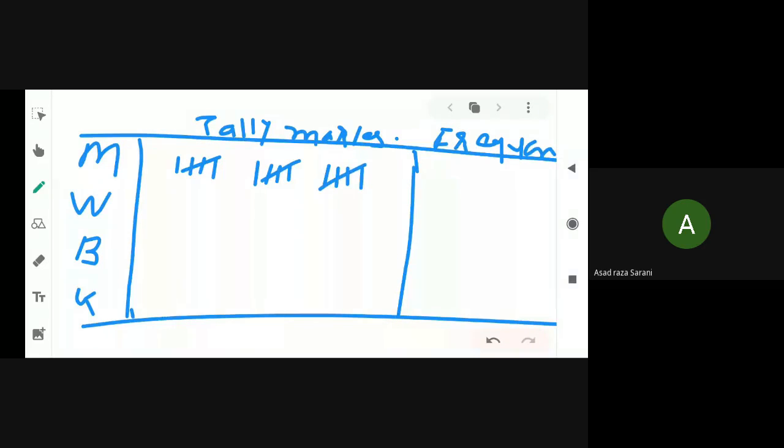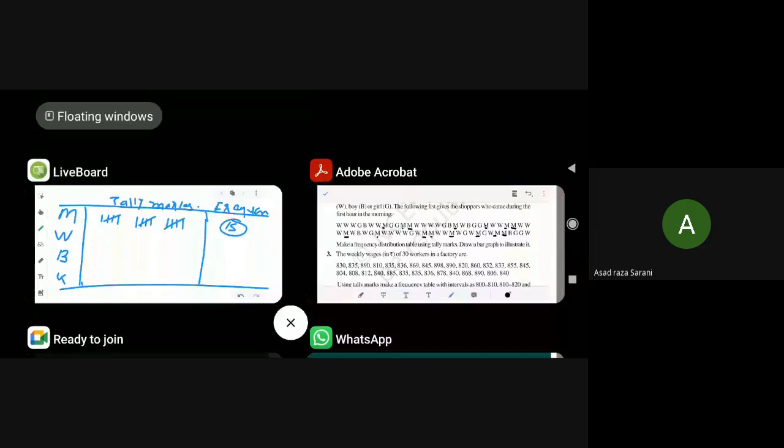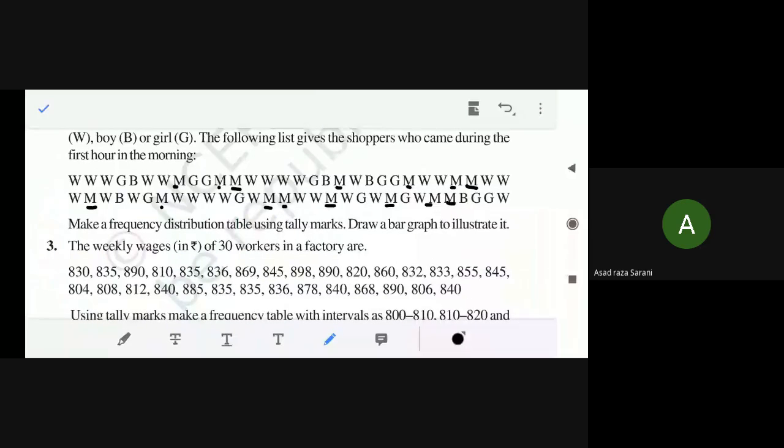15. How many frequency here? 15. Now count the women. 1 2 3 4 5 6 7 8 9 10 11 12 13 14 15 16, 17, 18, 19, 20, 21, 22, 23, 24, 25, 26, 27, 28.